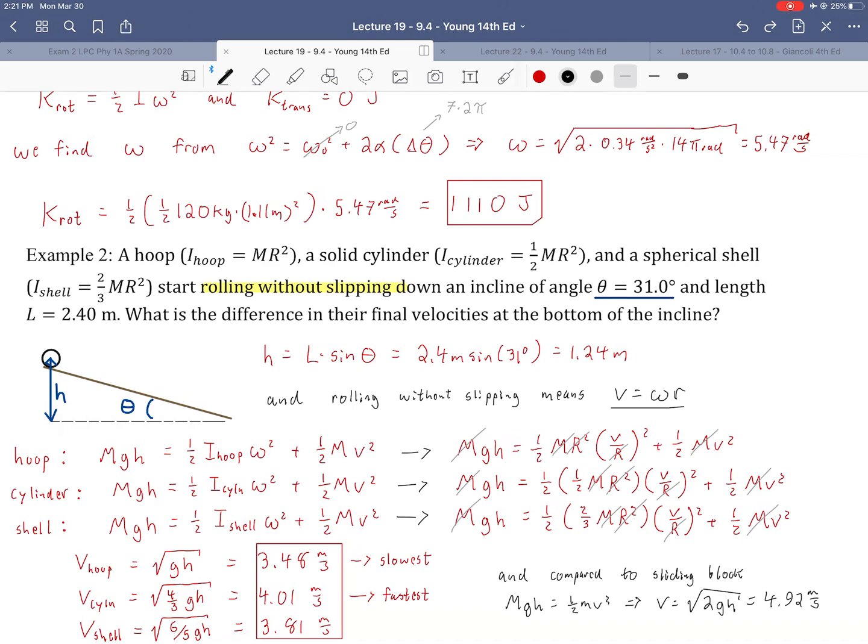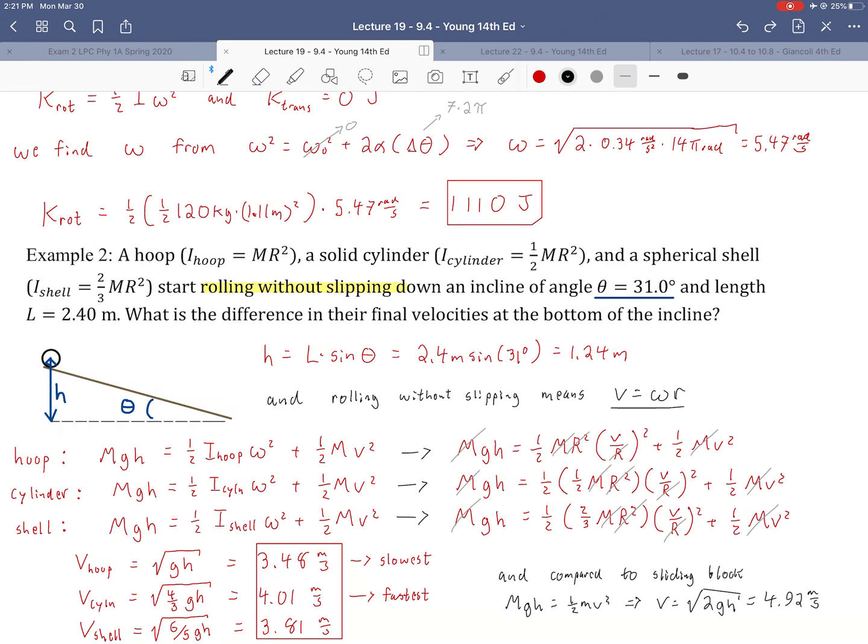So the block absolutely would be the fastest translator because that's all it's doing. It's a specialized translator. Whereas the other three objects, the shell, the hoop, the cylinder, they all have to spend energy to rotate. That rotational kinetic energy has to come from somewhere. You can't just create energy out of nothing. So that's why it has to give up some of its translational energy.